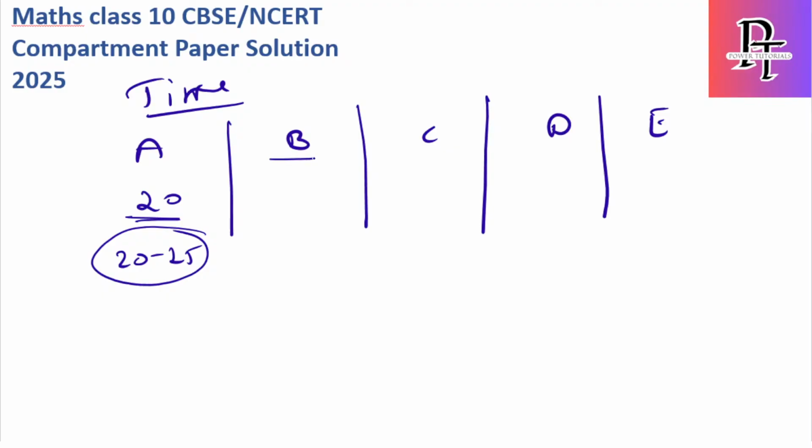For Section B we have 5 questions, each of 2 marks, so target 15 to 20 minutes. In Section C we have 6 questions of 3 marks, so it's okay if you take 30 to 40 minutes.